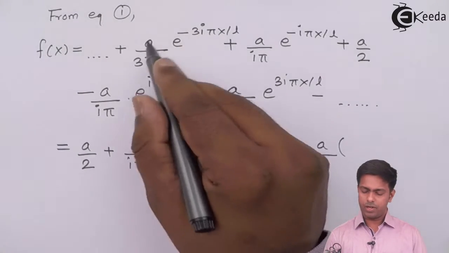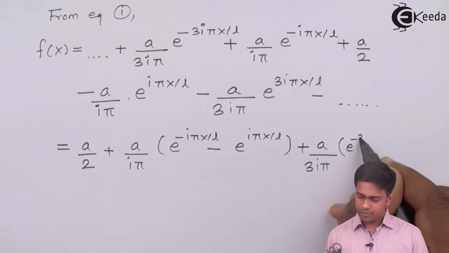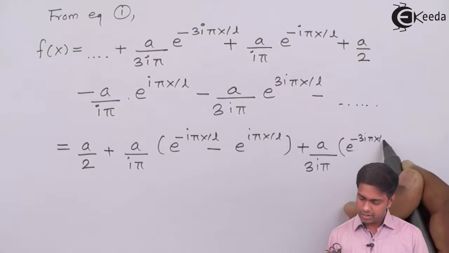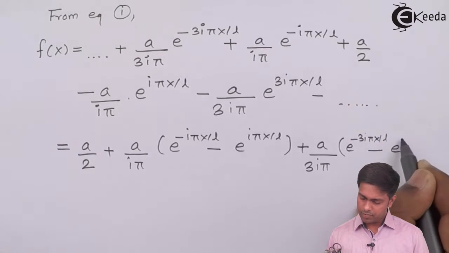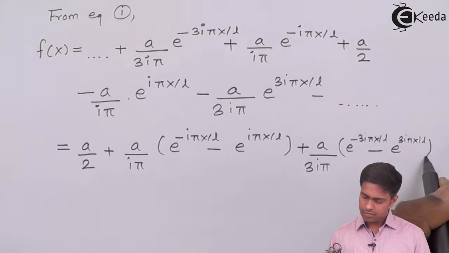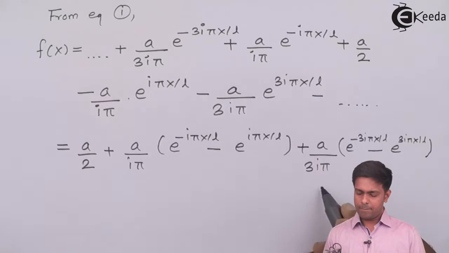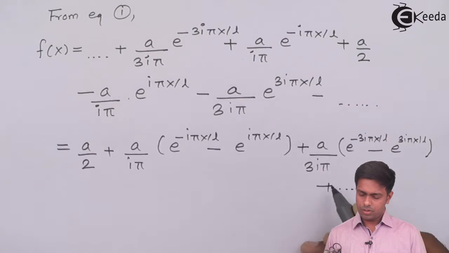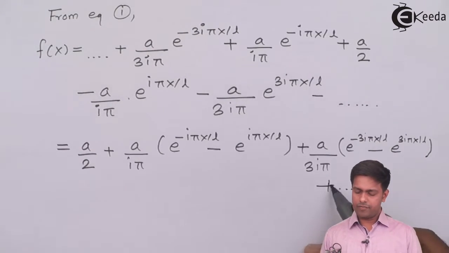In the bracket from here we will get e to the power negative 3i pi x upon L minus e to the power 3i pi x upon L, and plus dot dot dot, because it's an infinite series.